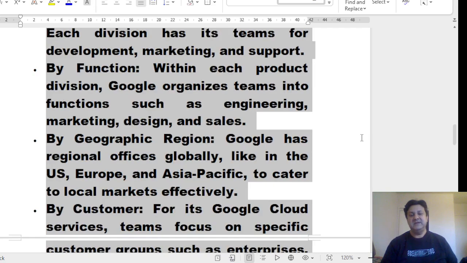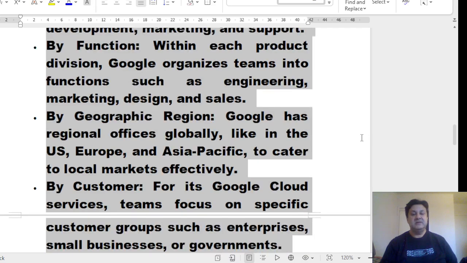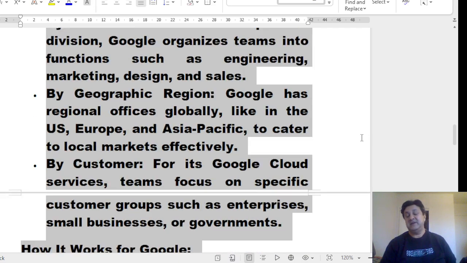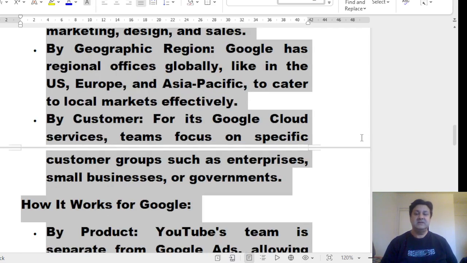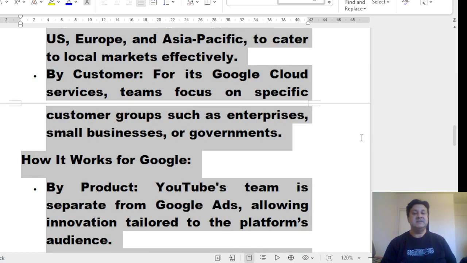By geographic region, Google has regional offices globally, like in the US, Europe, and Asia Pacific, to cater to local markets effectively. By customer, for its Google Cloud services, teams focus on specific customer groups such as enterprises, small businesses, and governments.